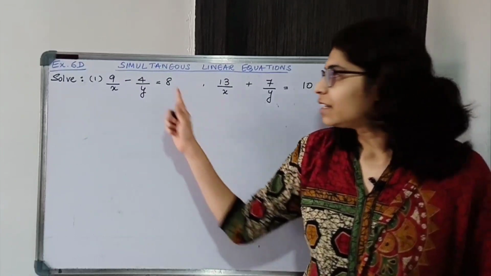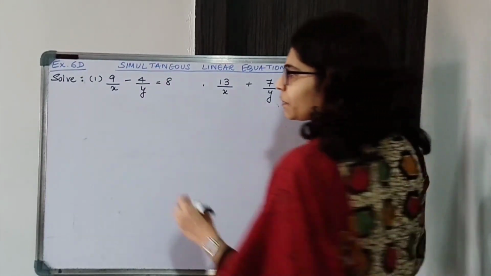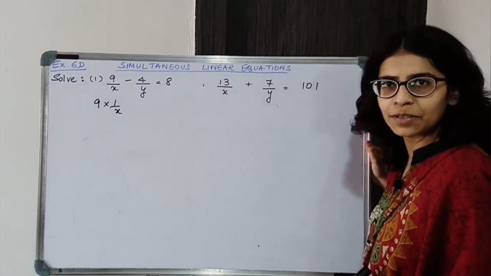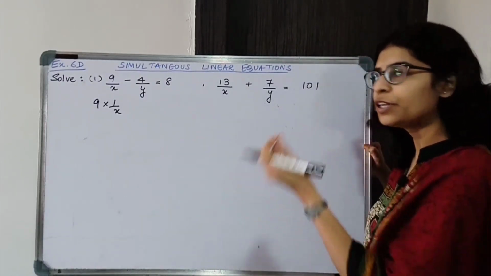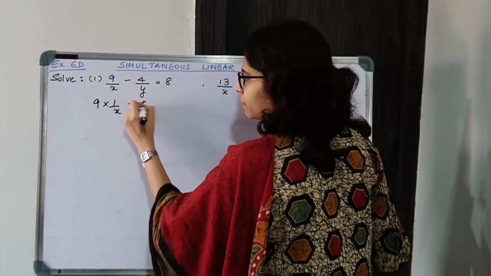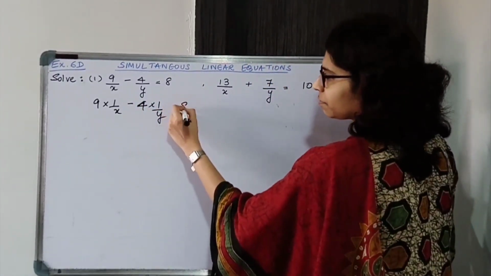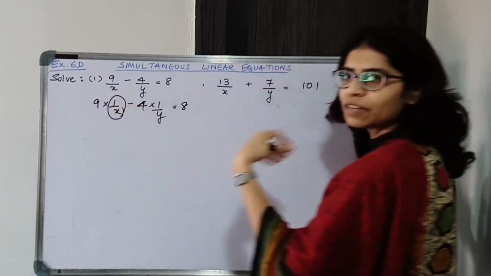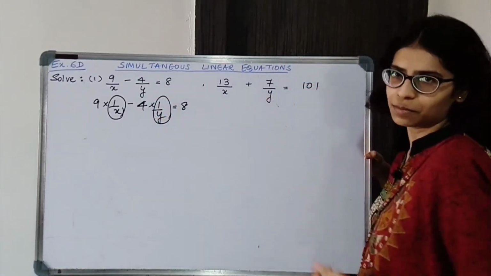Now let us rewrite this equation. 9 upon x, I can write it as 9 into 1 upon x, correct? 4 upon y, I can rewrite it as 4 into 1 upon y. Now in place of 1 upon x we will take some other variable, and in place of 1 upon y some other variable.